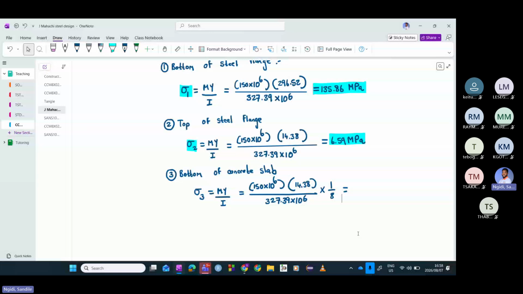We know that we are dealing with a triangular stress distribution diagram, and drawing this really shouldn't be a difficult task. So we can start here at position 1. We know there is a value of stress there that is 135.86.